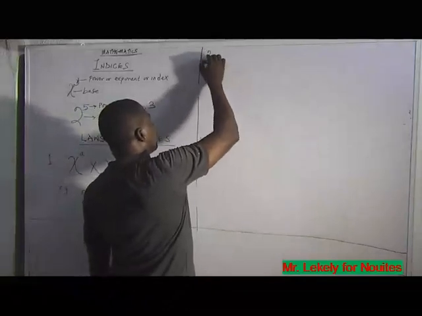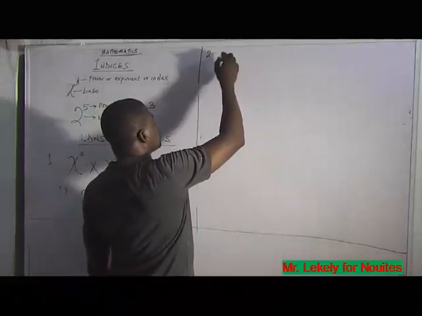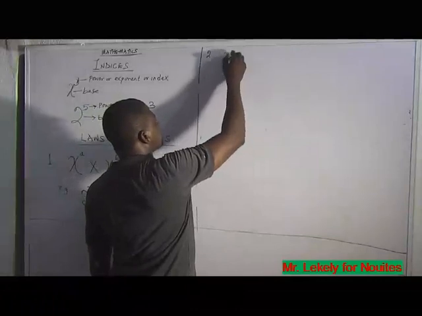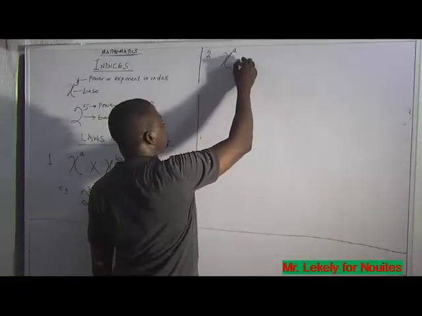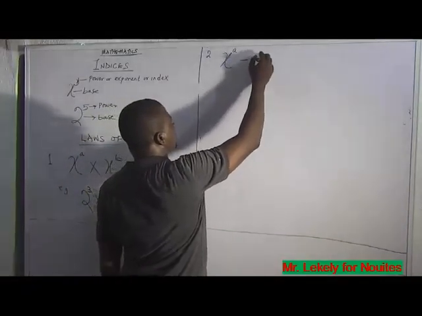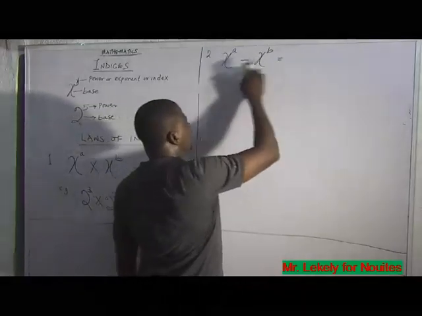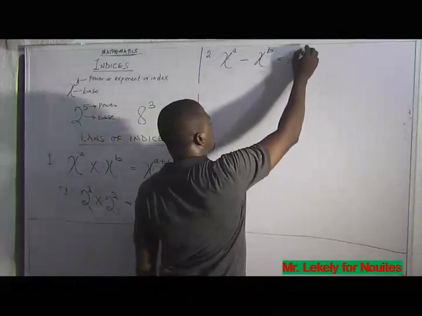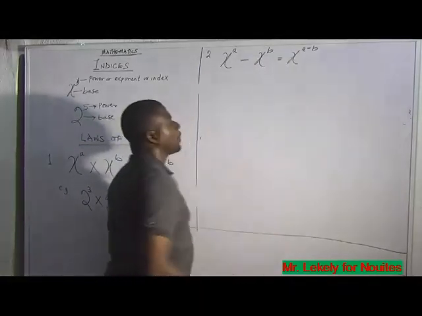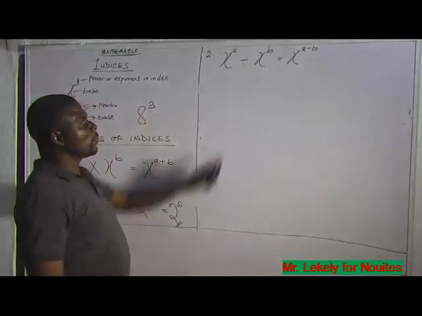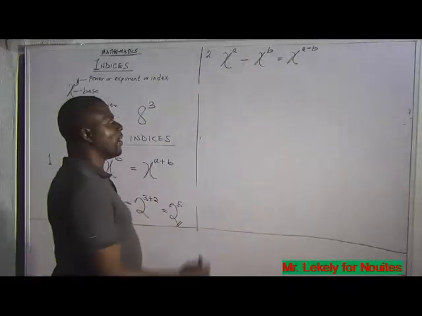Now, the second law, law 2, is saying if I have x raised to power a divided by x raised to power b, I will pick one of the bases and subtract the power.